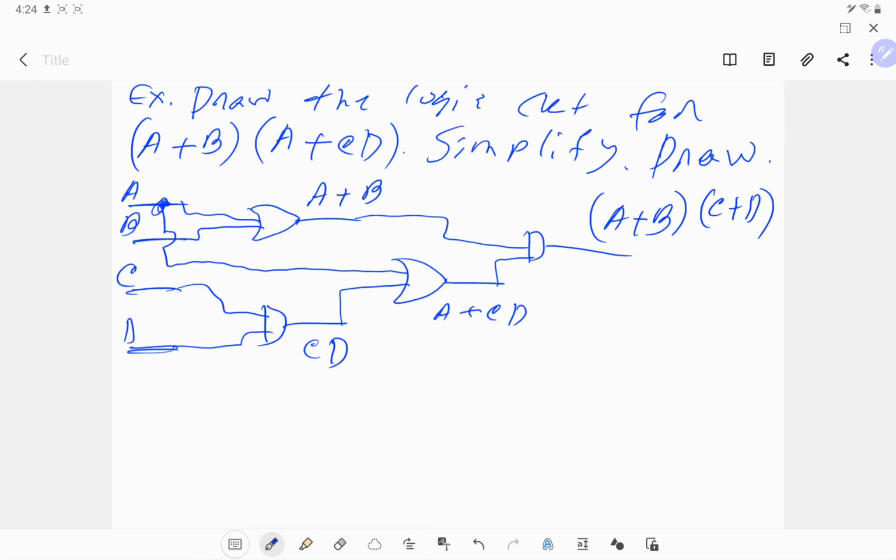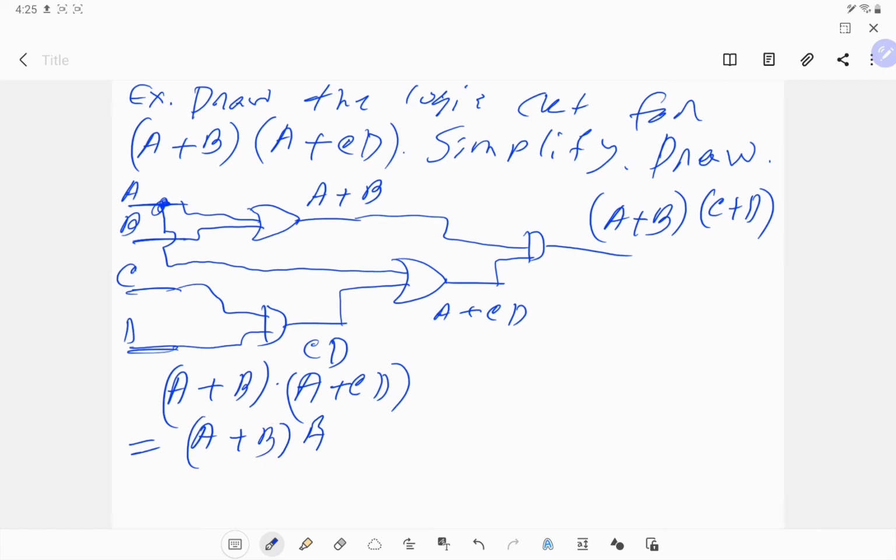Now we want to simplify this expression by using the identities. So what is the expression that we have? We have (A + B) times (A + CD). Let's simplify it. Let's use the distributive principle: A plus B times A, plus B times CD.